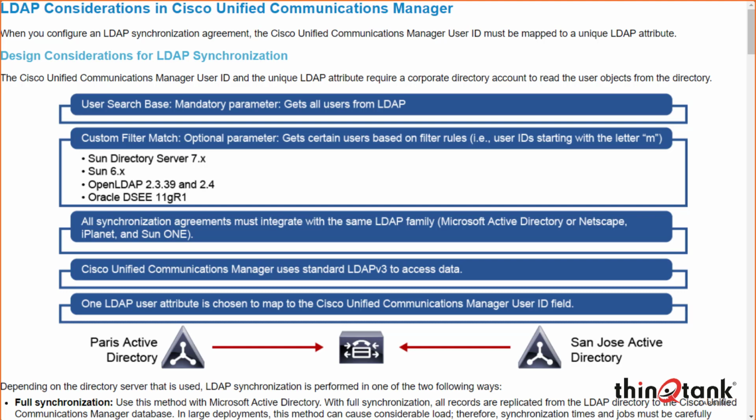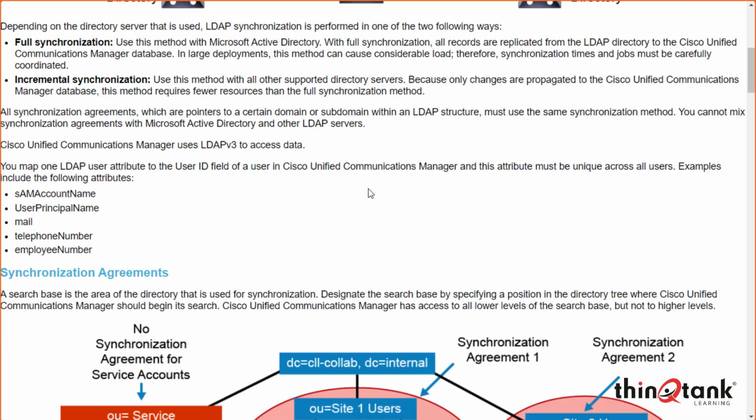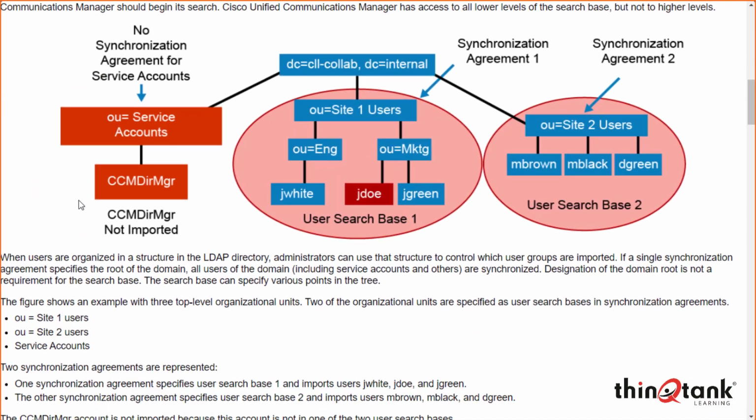Now, you cannot have multiple types of synchronization agreements. You can't have a mix of Active Directory synchronization agreements and other LDAP servers. So you can only choose to synchronize to one structure, one domain architecture, which is typically not a problem anyway, because it's very rare that you would actually be running multiple domain structures anyway. All right.